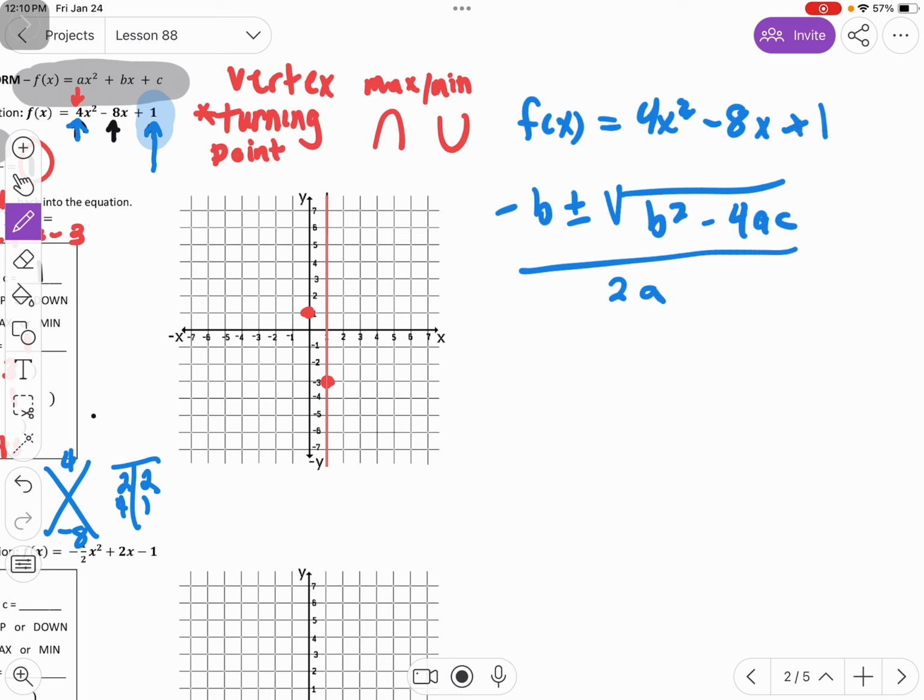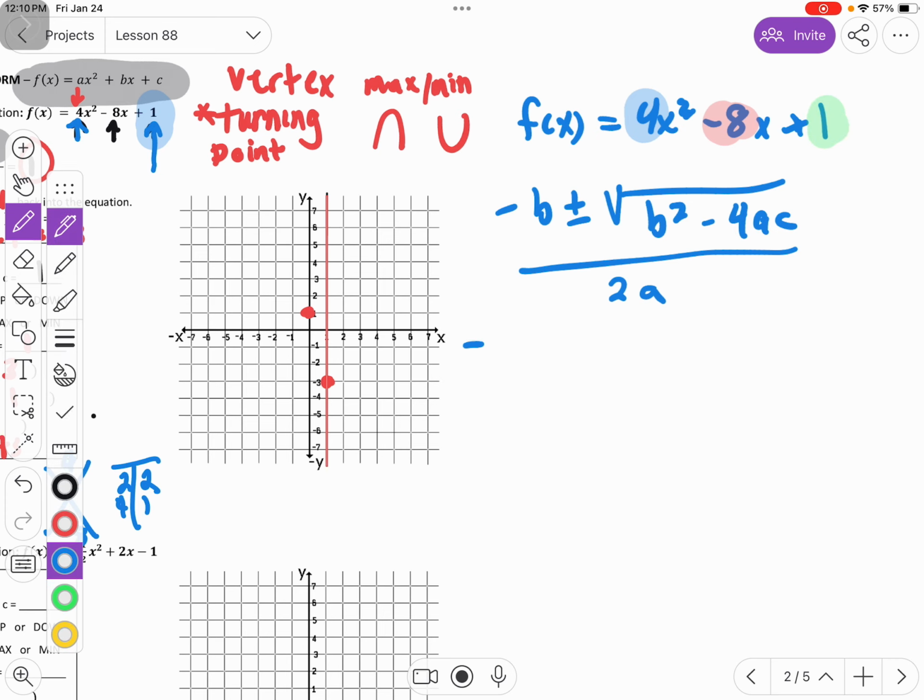What we're going to do is put each of these terms in here very carefully. So 4 is a, and negative 8 is b, and 1 is c. So let's plug those in and see what we come up with.